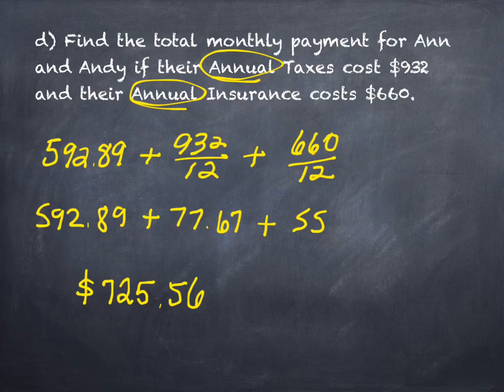So, for example, if you were disciplined enough, you could put into a savings account the $77, $67, and the $55 every month, and keep adding to it. You get your paycheck, you stick that money aside, and then when the insurance comes up, you pay the insurance. Make sense? You could do that, right? So that's one way to handle the situation, okay?